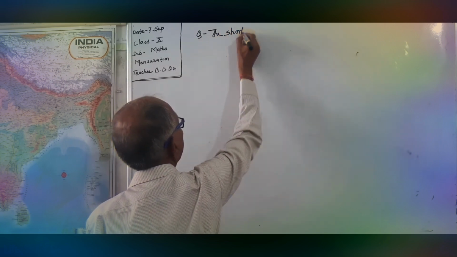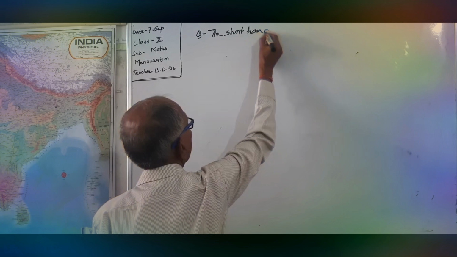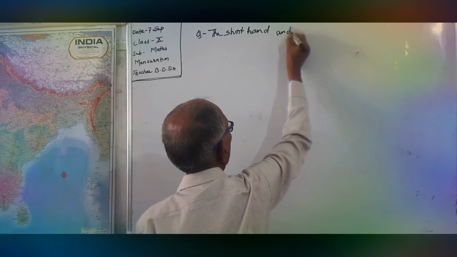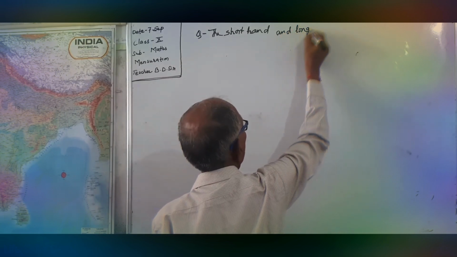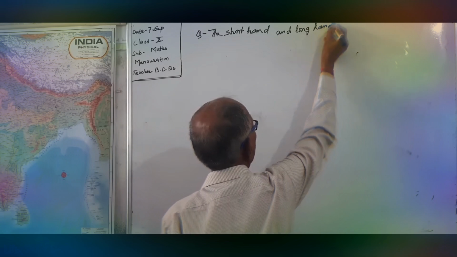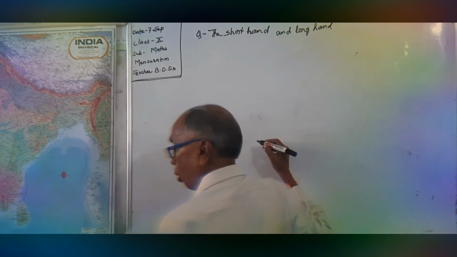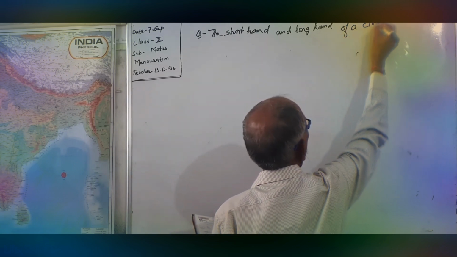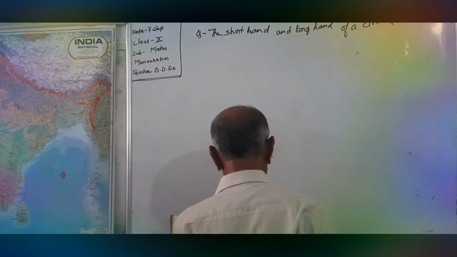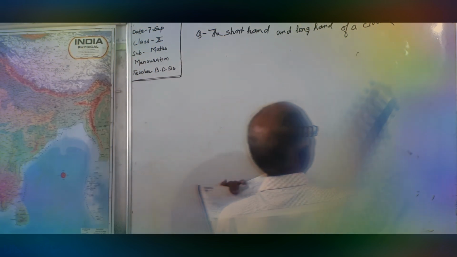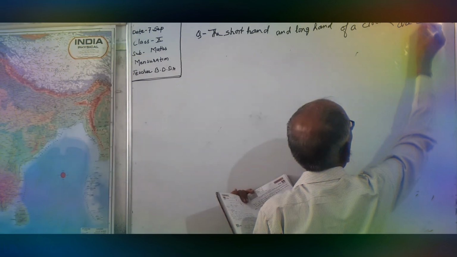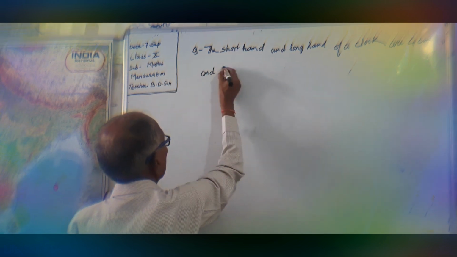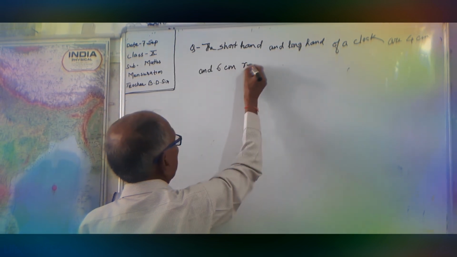The short hand and long hand of a clock are 4 centimeter and 6 centimeter respectively.